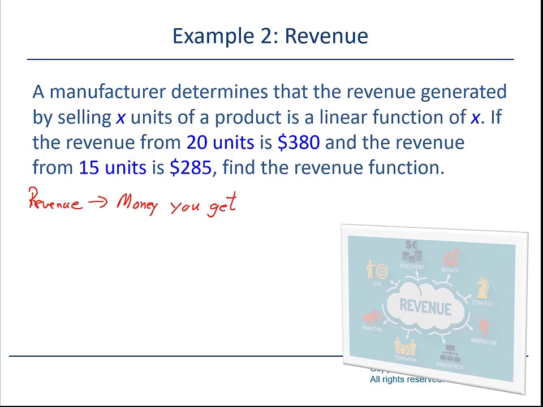So if you sell 17 TV sets at $200 each, 17 times the cost for each TV set would give you the revenue. So it says, what's the revenue generated by selling X units of a product? The revenue for 20 is $380, and the revenue for 15 is $285.